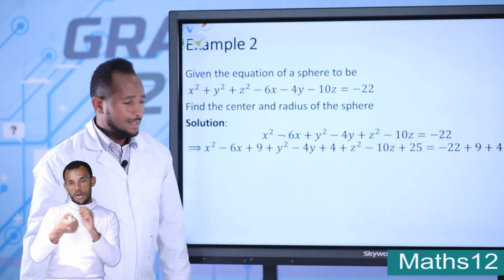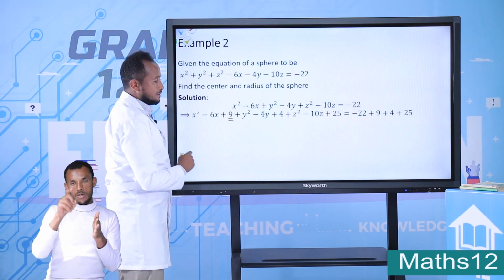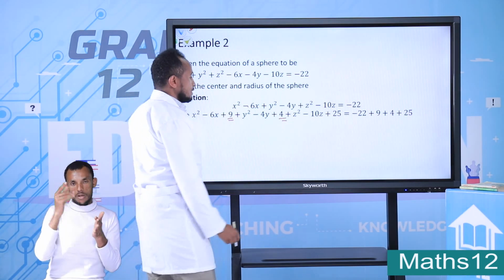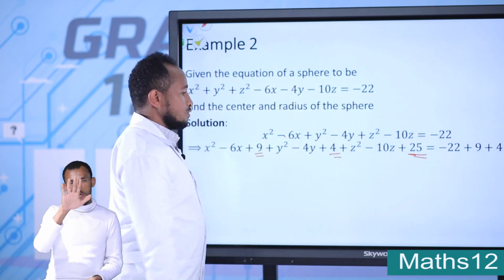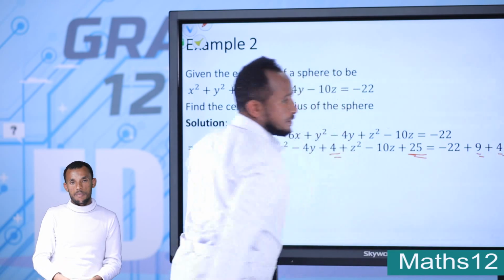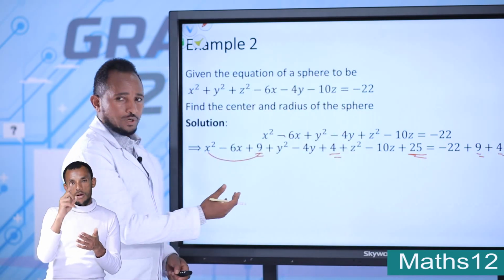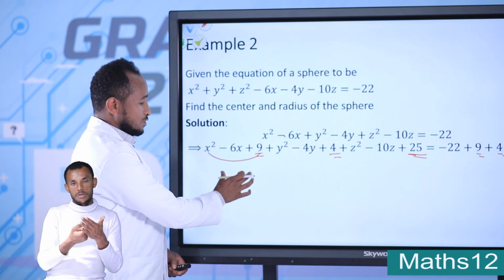So you'll have this: x squared minus 6x, you add 9 here. y squared minus 4y, we add 4 here. z squared minus 10z, 25. So 9, 4, and 25 are there. Therefore, each of these is a perfect square. You can write x, half of this one, x minus 3 squared.